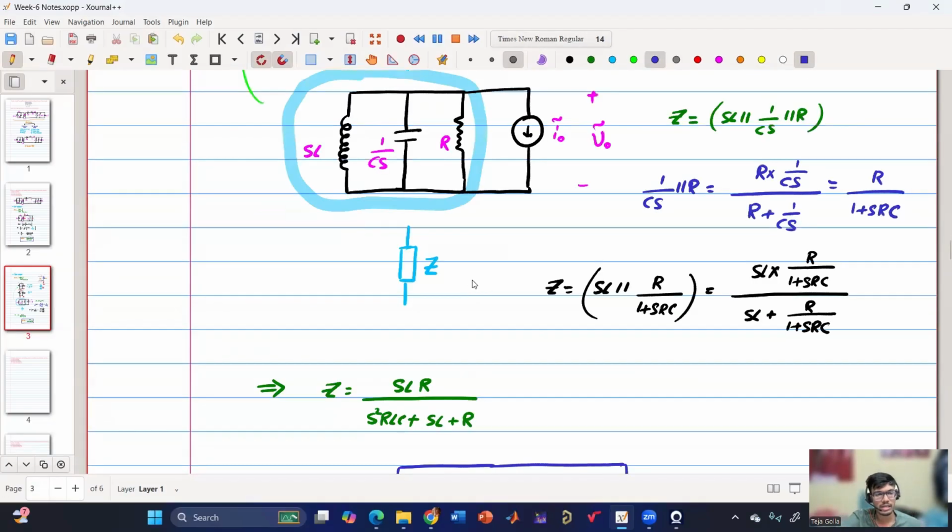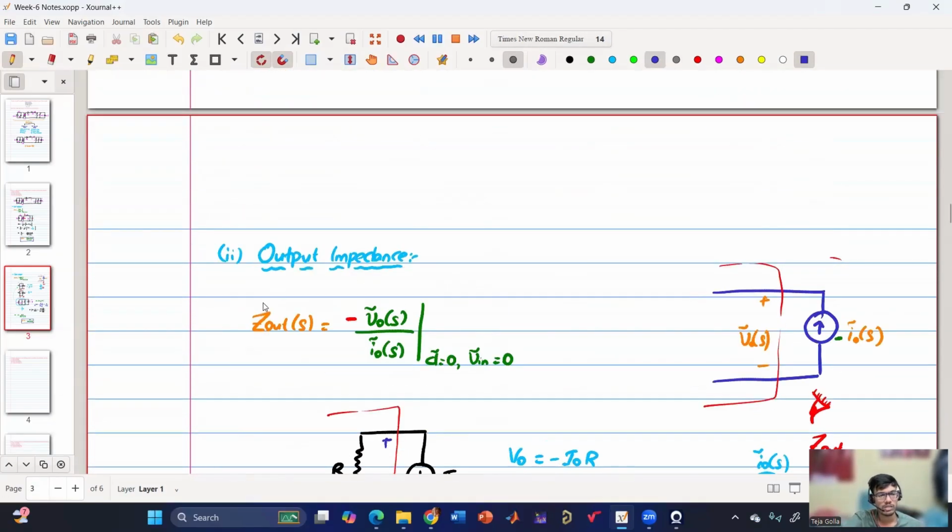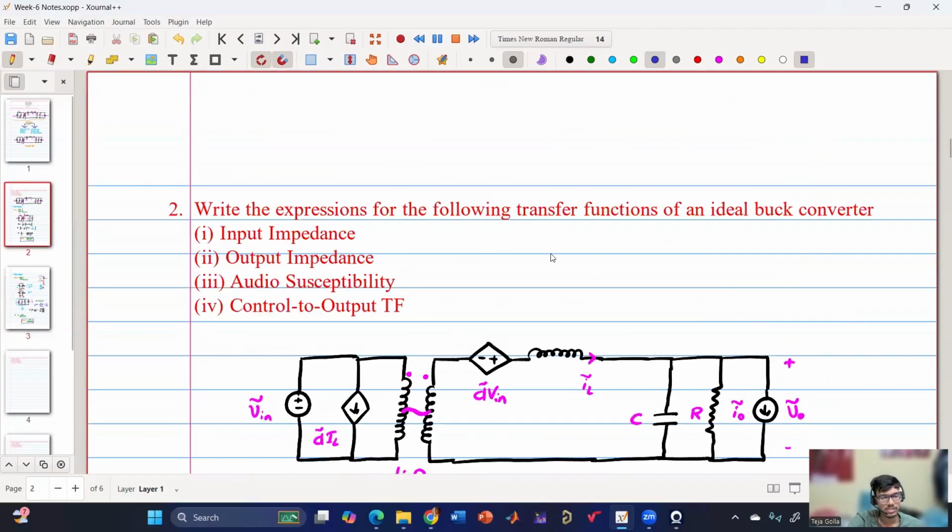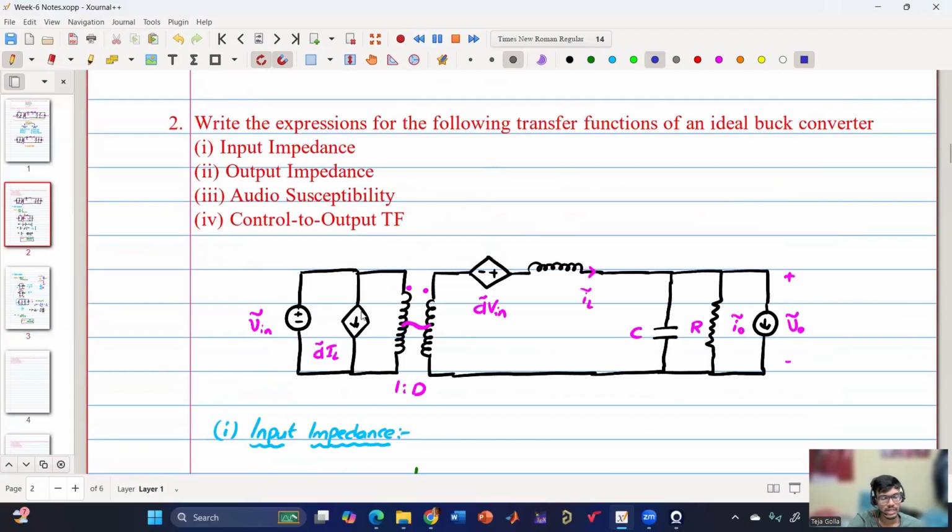So how did we calculate the output impedance? We first understood the definition of output impedance, which is minus V naught tilde of S by I naught tilde of S, because I naught here is sinking and not sourcing, and that leads to the minus sign. Then we get this expression when D tilde is 0 as well as V in tilde is 0. So this will be open, this is shorted, and this entire thing is represented by one shorted wire.